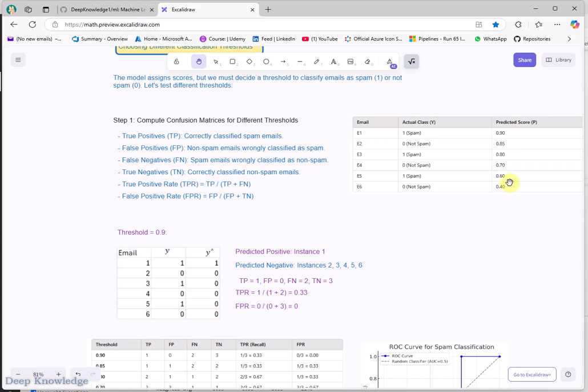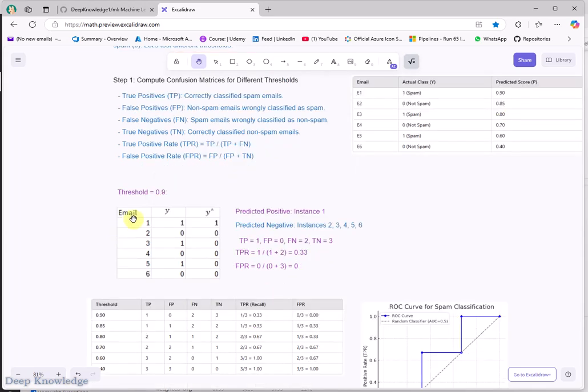Now I will try to use all of these thresholds and see how my model separates these two classes. I will start with 0.9. Here we have emails 1, 2, 3, 4, 5 to 6, right? And the labels are 1, 0, 1, 0, 1, 0. This is spam, ham, spam, ham, spam, ham.